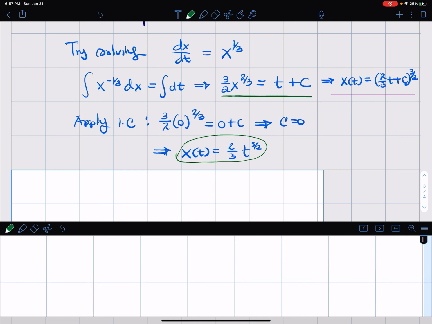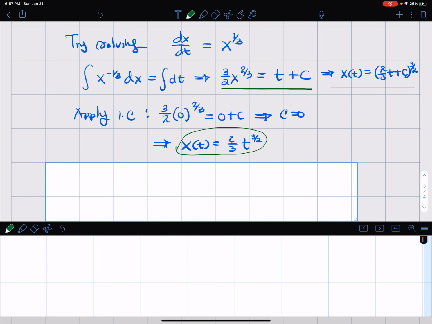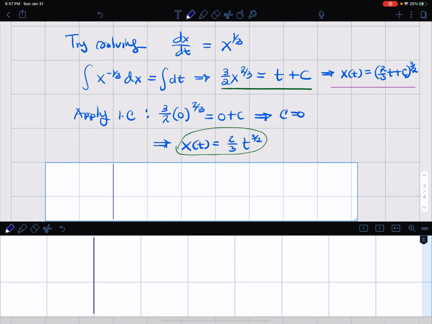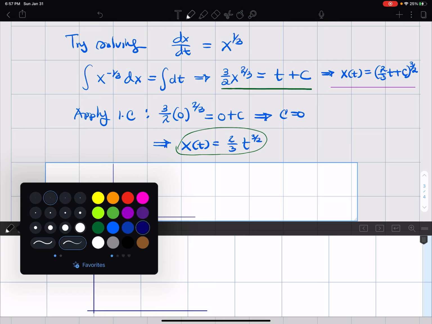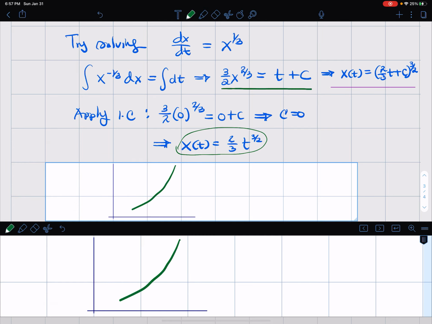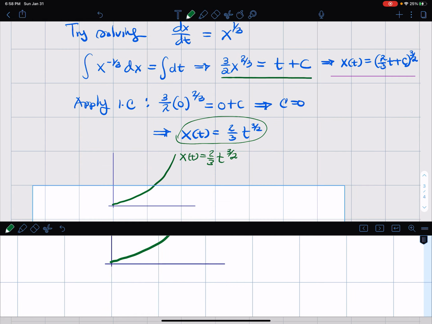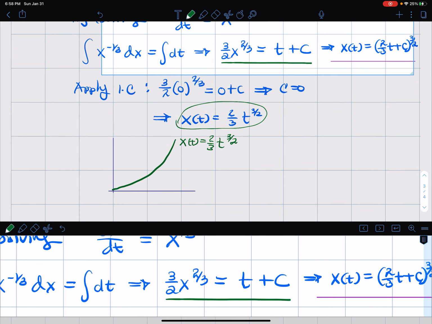All right, so if you plot this solution, what do you get? You will get something like this. All right, so this is x of t equal to (2/3 t) to the power of 3/2, right? But I want you to observe something.